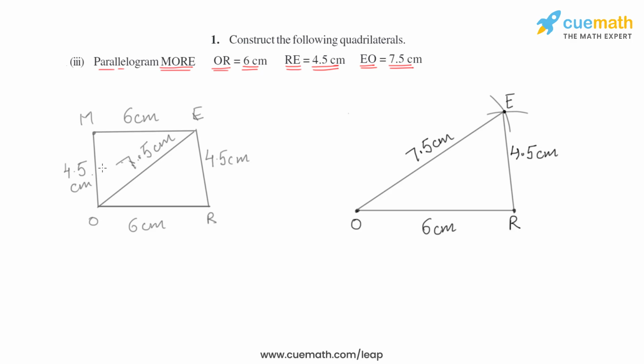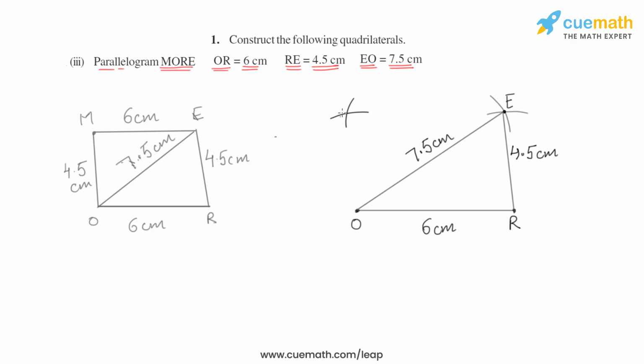So now OM will also be 4.5 because opposite sides are equal. So taking O as center, draw an arc with a radius of 4.5 centimeters like this, and taking E as center, draw an arc with a radius of 6 centimeters like this.